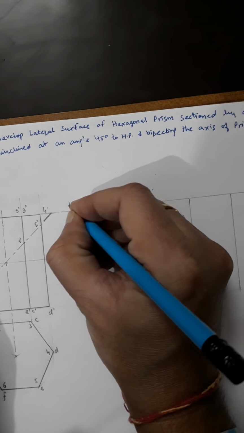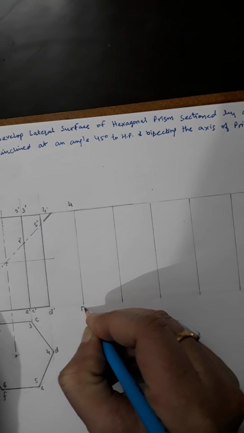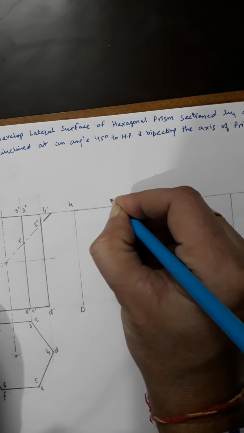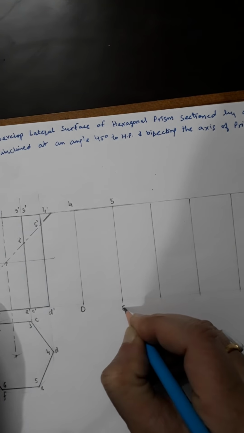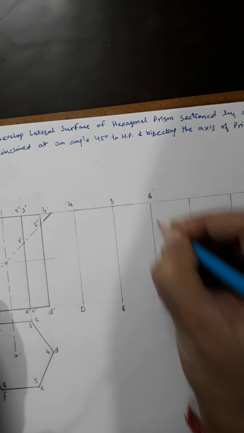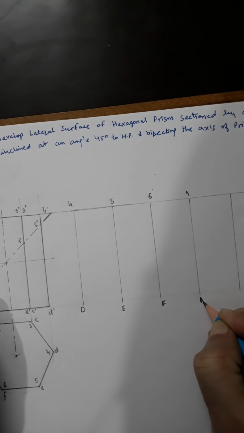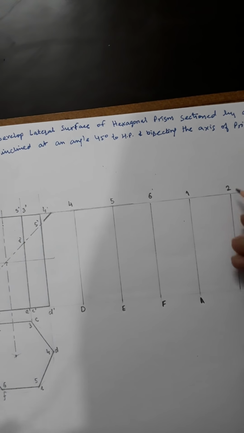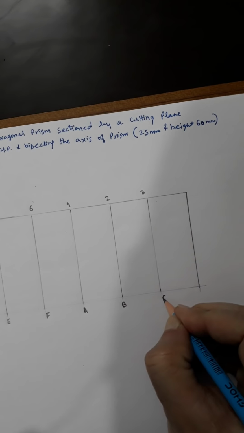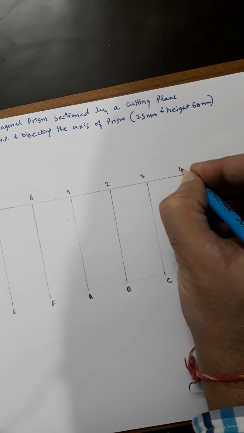Now this is 4D, 5E, 6F, 1A, 2B, 3C and again 4D.